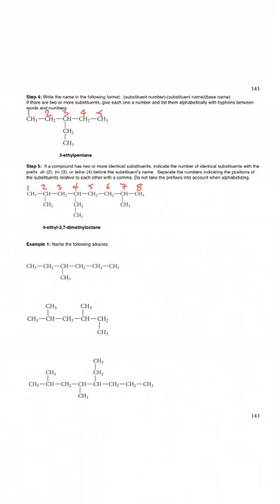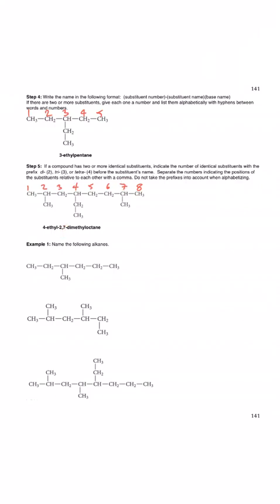Therefore, you are going to report the location of the ethyl group first. So you are going to do 4 dash ethyl. And because we have 2 methyl groups in different locations, you separate by a dash and then give the position of the first methyl group, which is 2, separated by a comma, followed by the next location, which is 7.